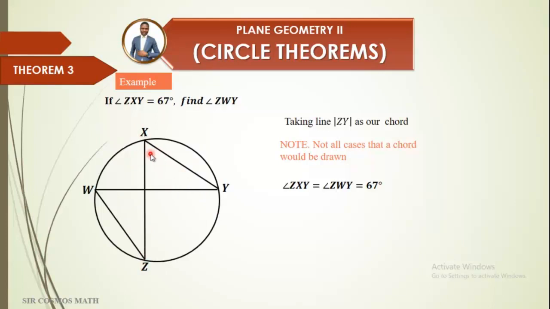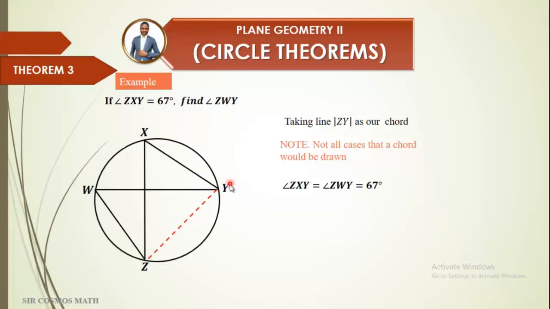Find angle ZWY, which means this angle. Note, not in all cases will a chord be drawn. So with this one, you can draw your own chord to help you solve the question.